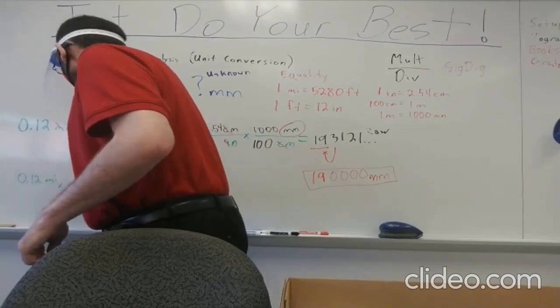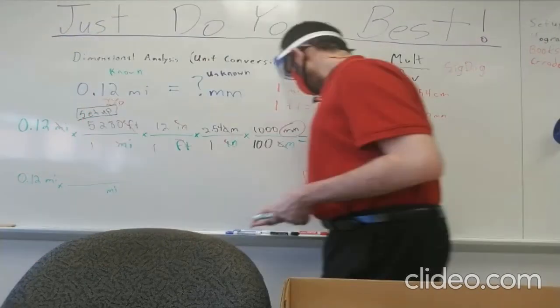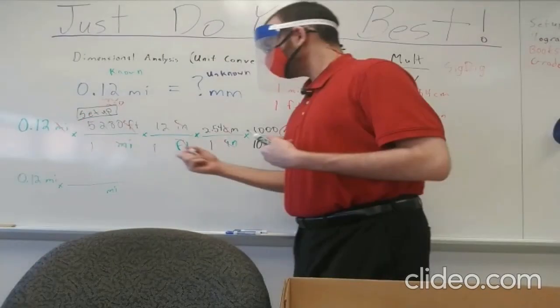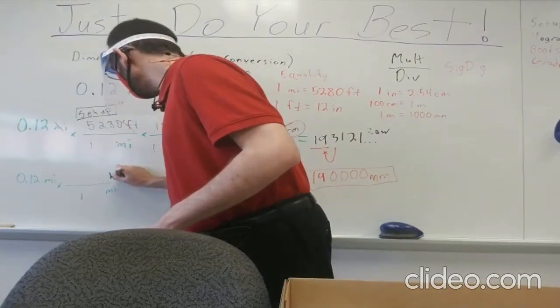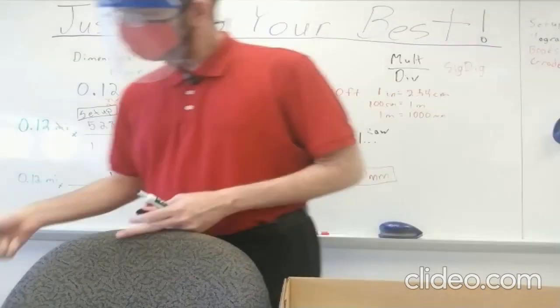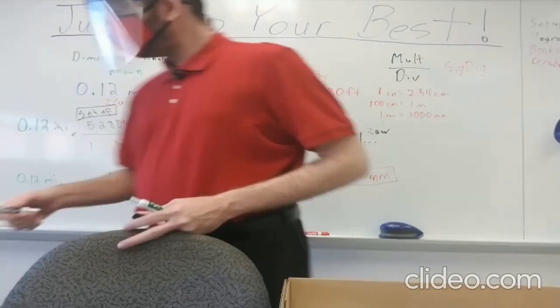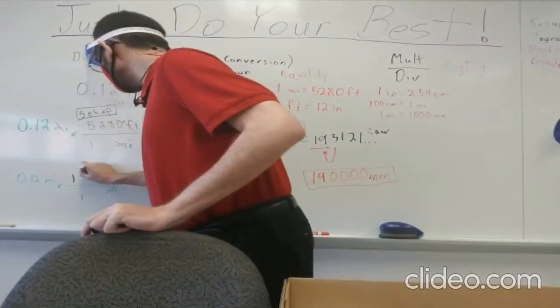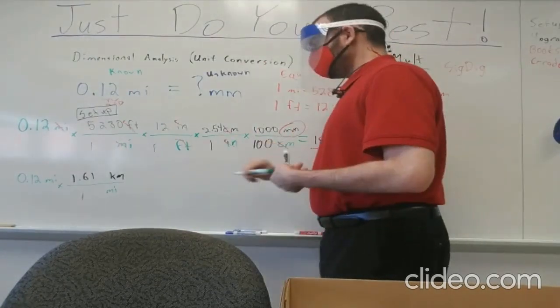But instead of going to feet, I went to kilometers. 1 mile is equal to, and I'm going to double check this just in case. I do not want to be wrong. 1.61 kilometers.